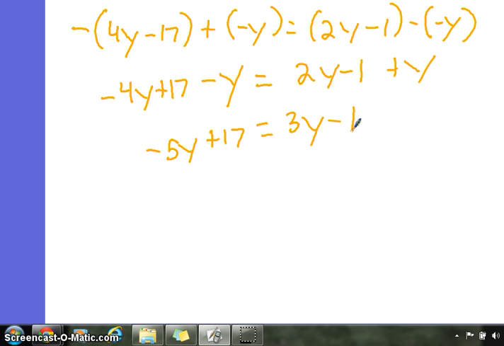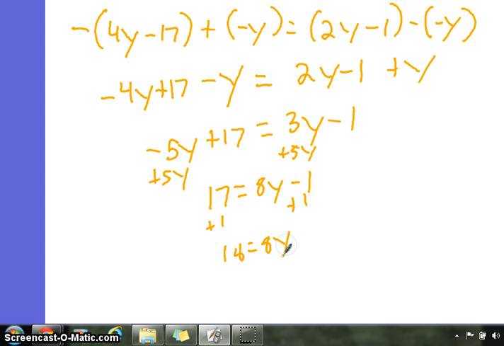Okay, then I am going to move my variables to one side. I told you I like to keep these positive. I'm going to add my 1 to both sides. 18 equals 8y.